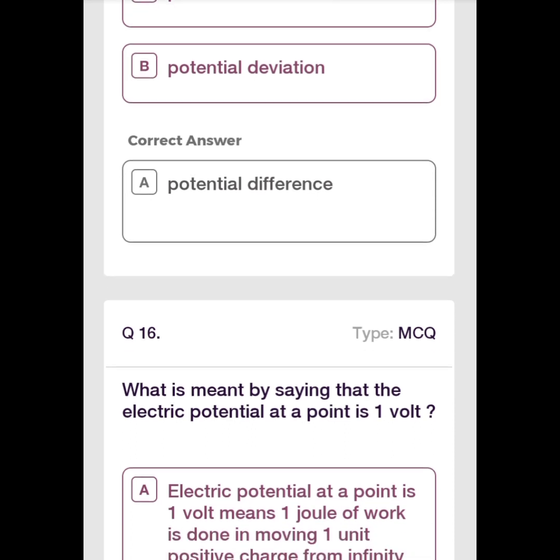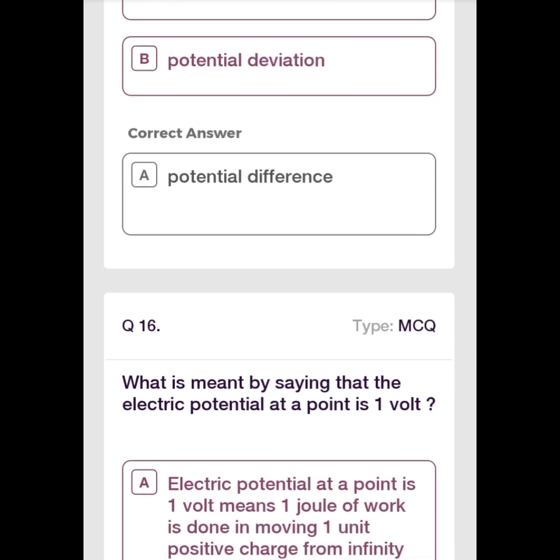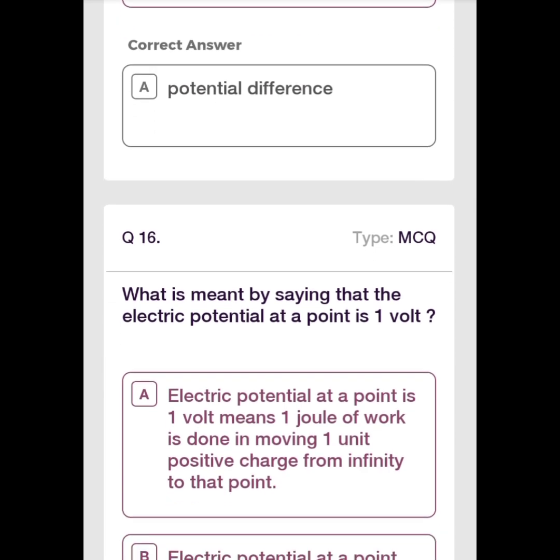What is meant by saying that the electric potential at a point is 1 volt? So when can we say electric potential is 1 volt? See here, the expression for potential difference or electric potential is V is equal to W by Q, right?